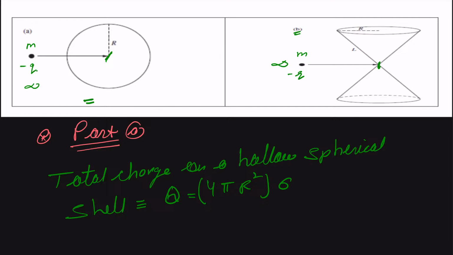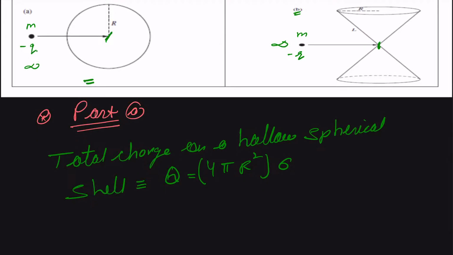And we know for a spherical shell, the potential at infinity, ideally we can assume, is equal to 0.